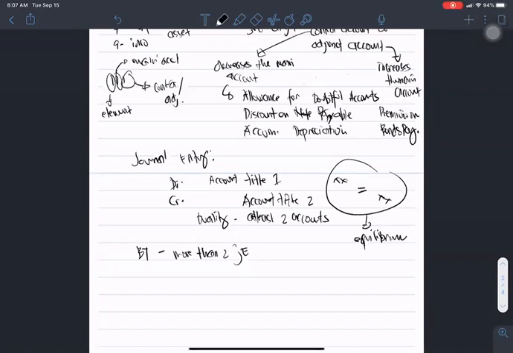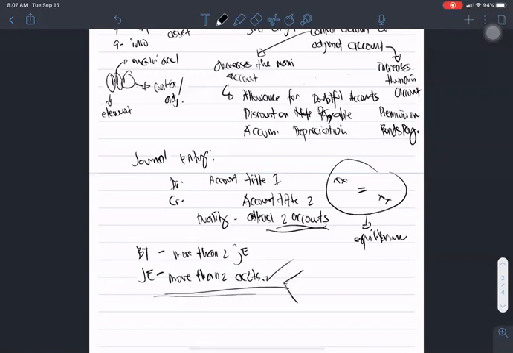And the second question is, can a journal entry contain more than 2 accounts? Remember our discussion a while back, we said that your journal entry under your double entry system must have at least 2 accounts. Therefore, it can have more than 2 accounts.